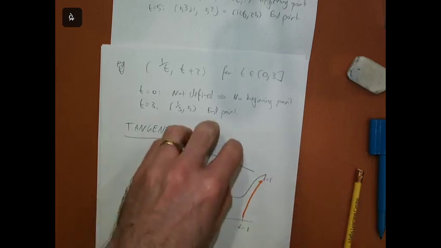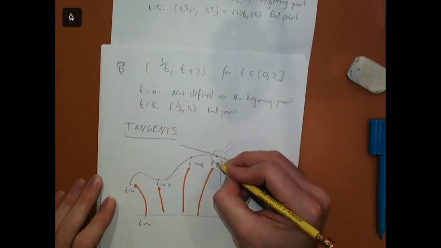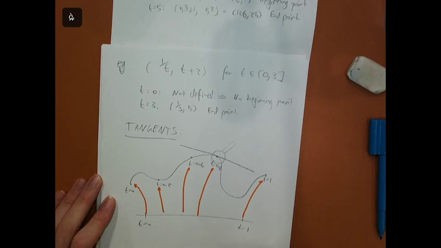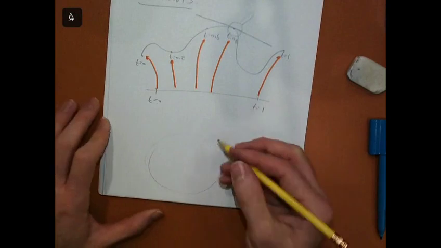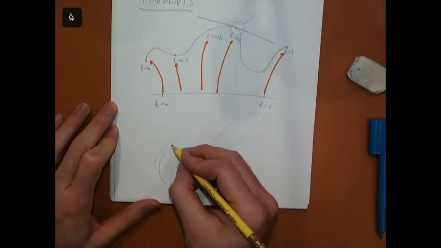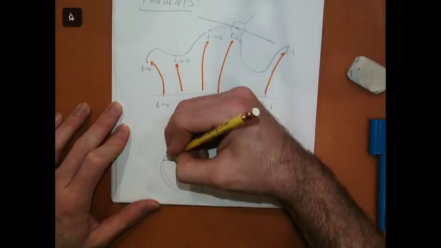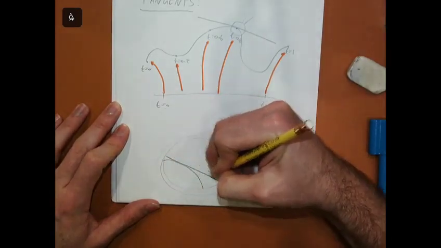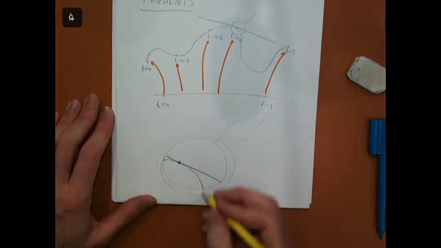If I zoom in on this bit here, with my magnifying glass, let me move my page up. The curve's coming around like this, and the line's meeting it. This is the point.